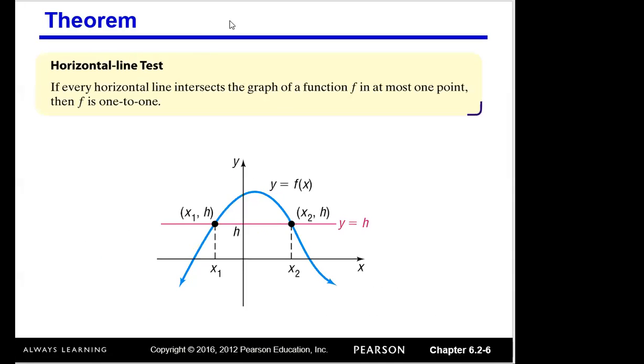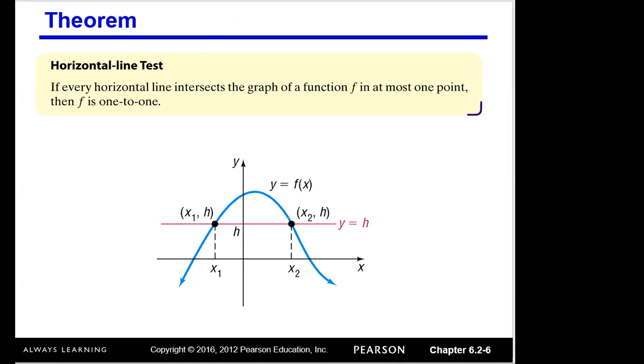Okay, then I go on to talk about the horizontal line test. The vertical line test determines if it's a function. The horizontal line test determines if it's a 1 to 1.